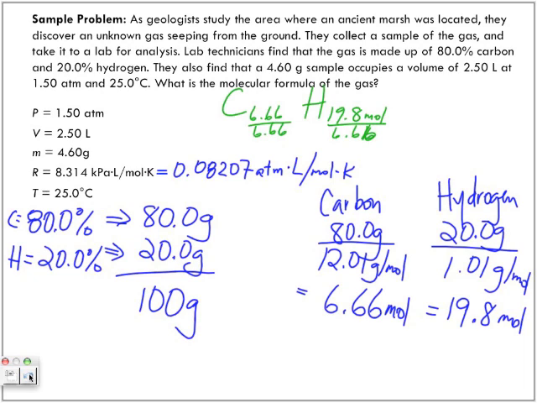So how many carbons in this empirical formula? One, which we usually don't put, but it's there. How many hydrogens? It's about 3, because I think it comes out to 2.97. Because of this decimal value, we can round it off.